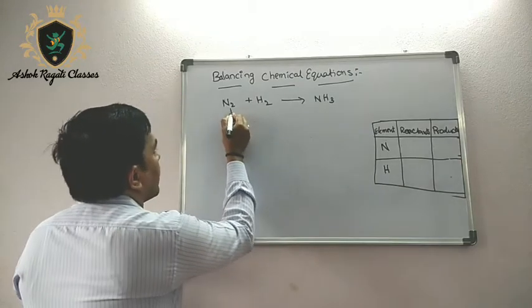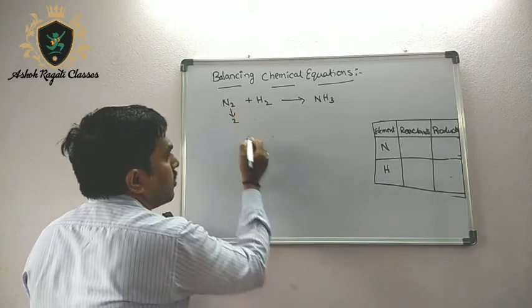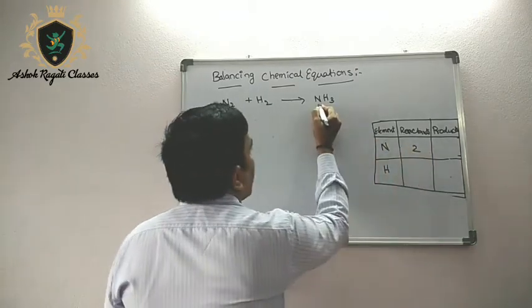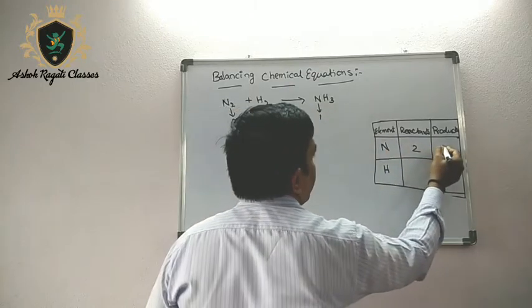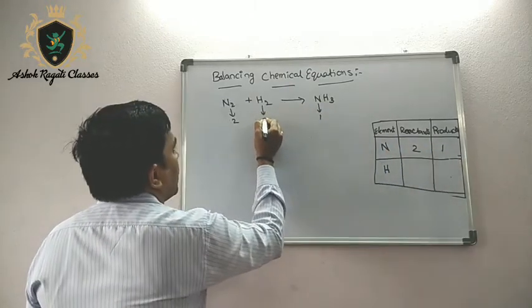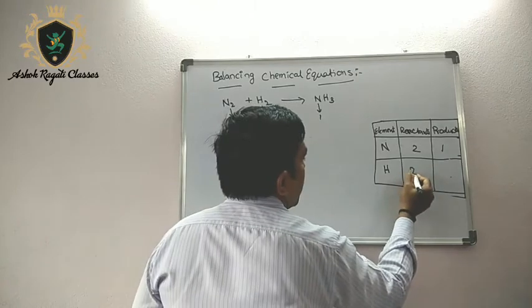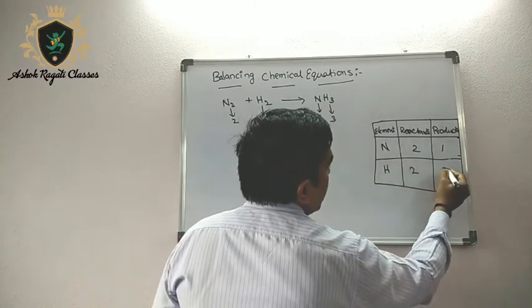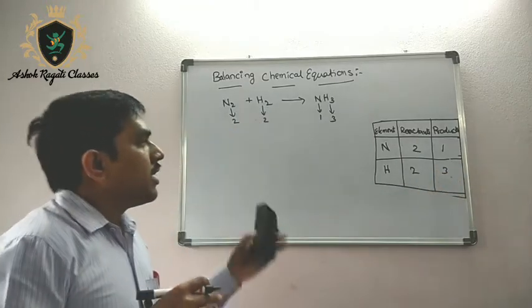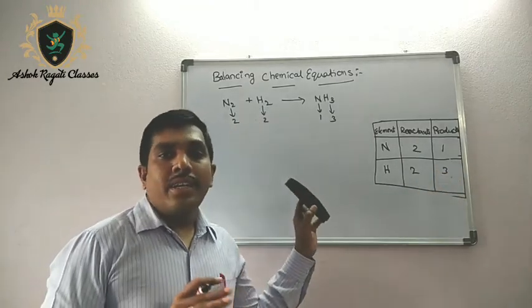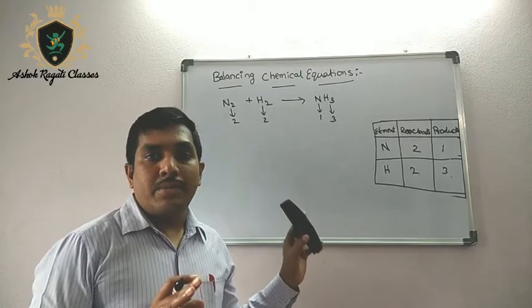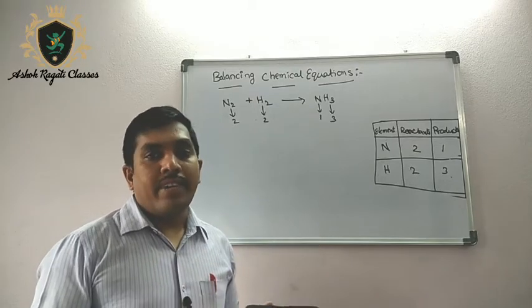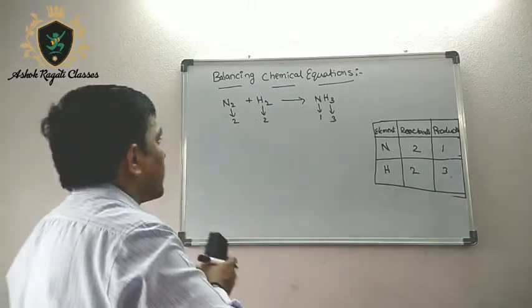Now write the numbers. Nitrogens are 2 here and 1 here. Hydrogens are 2 on the reactant side, and on the product side it is 3. Both elements are not balanced. So we have to select any one element.